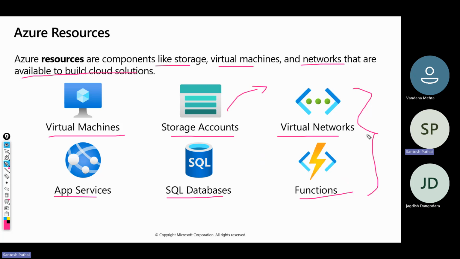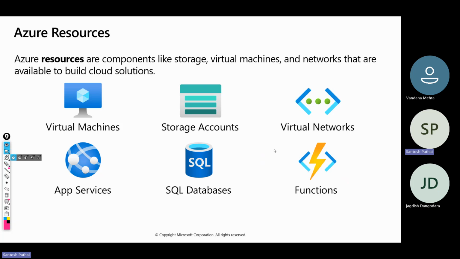I cannot have a virtual machine without a NIC, without a public IP address, or without an operating system hard disk. So these parameters are required for a virtual machine, and hence separate resources are created as part of another resource's creation process. So this is summed up as a resource.